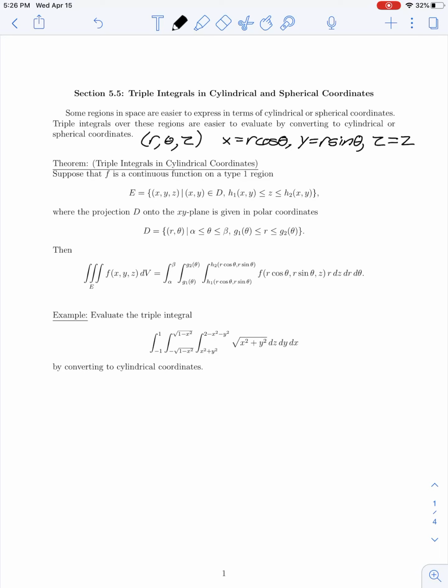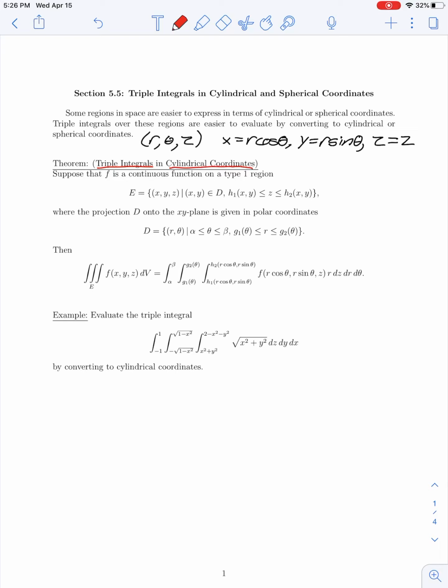So let's consider how we would convert a triple integral to an integral in terms of cylindrical coordinates. The following theorem will give us a way to evaluate triple integrals using cylindrical coordinates. So here's what it says.